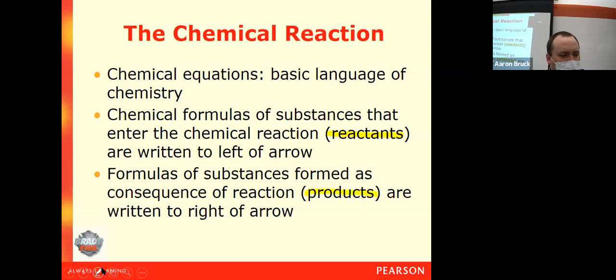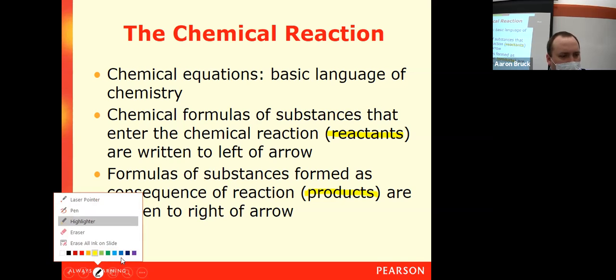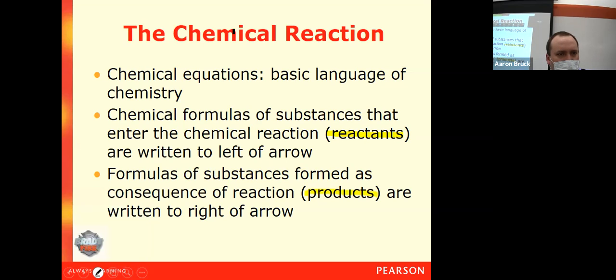And so the basic construction of a chemical equation is like this. We have our reactants on the one side of the arrow, and they are going to the products on the other side of the arrow.